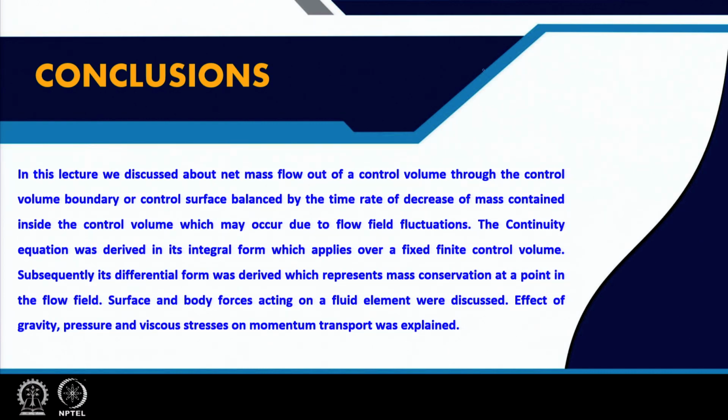The continuity equation was derived in its integral form, which applies over a fixed finite control volume. Subsequently, its differential form was derived, which represents mass conservation at a point in the flow field within the continuum hypothesis. Surface and body forces acting on a fluid element were discussed, and the effect of gravity, pressure and viscous stresses on momentum transport was explained.